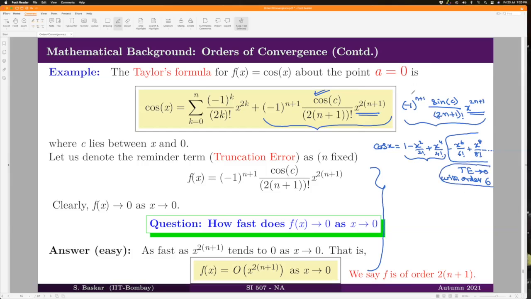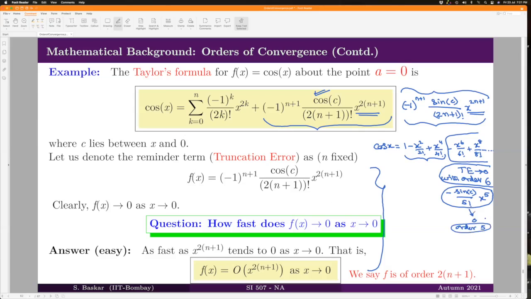But if you stick with Taylor's theorem, you will see that your remainder term would have been sin c by 5 factorial into x to the power of 5, which is what comes from the theorem, and that is only going to 0 with order 5 as x tends to 0.